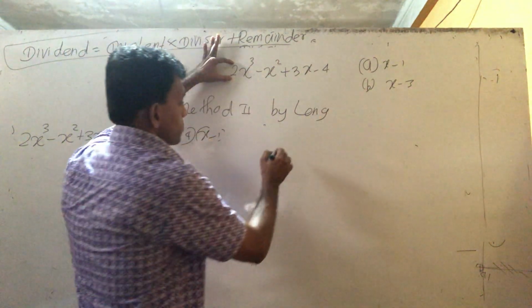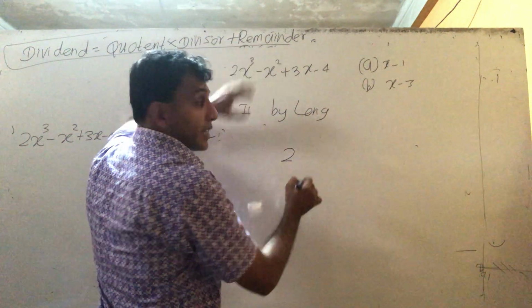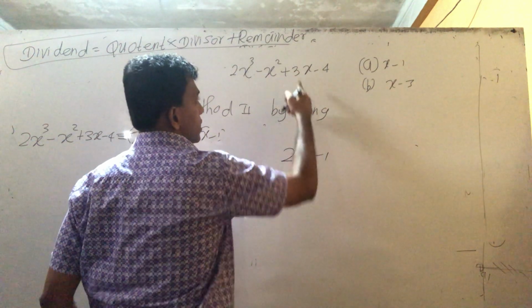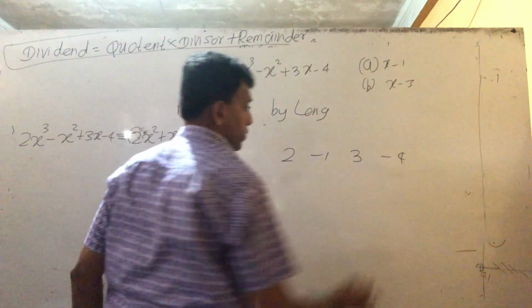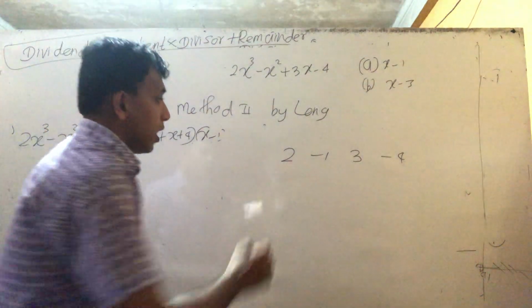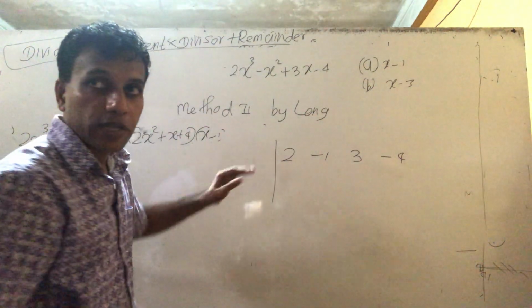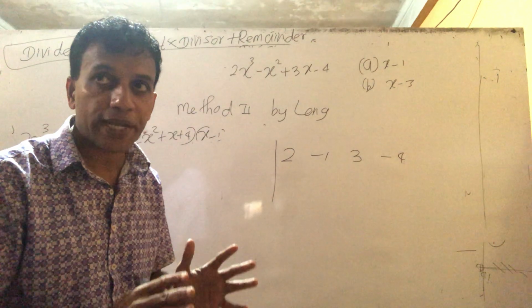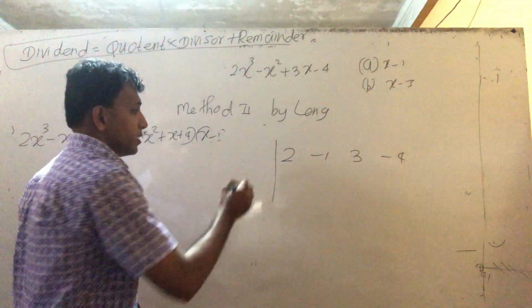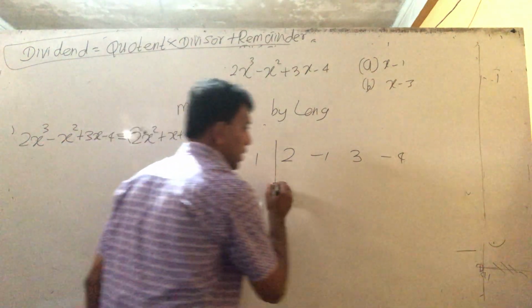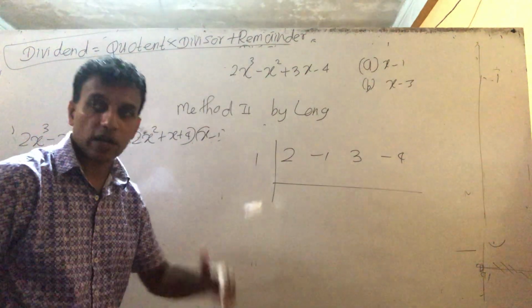So here 2, minus 1 for x square, here 3, here minus 4, in order, right? Now write the r. The divisor should be in x minus r form. Here what is r? 1, right? Now draw a horizontal line underneath.